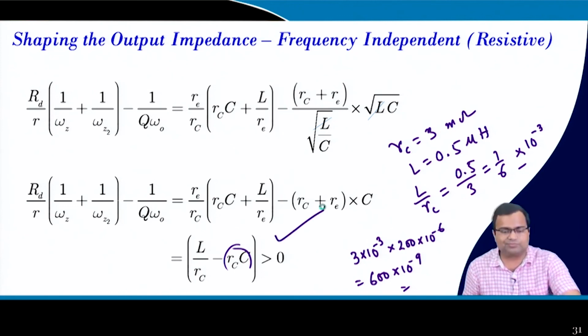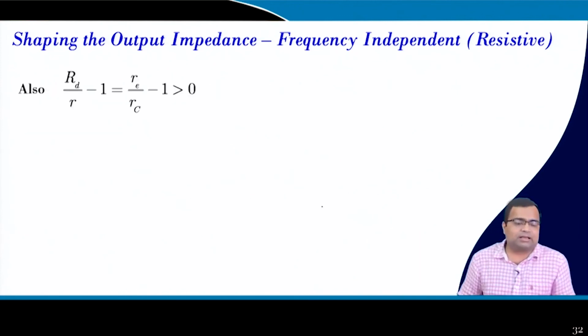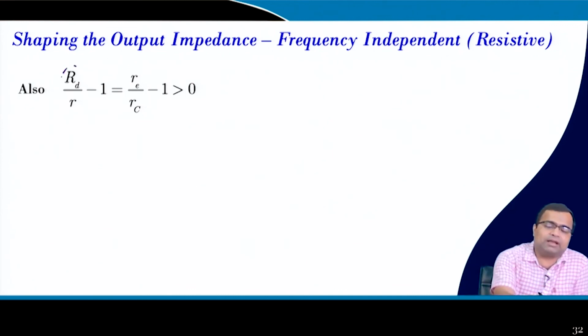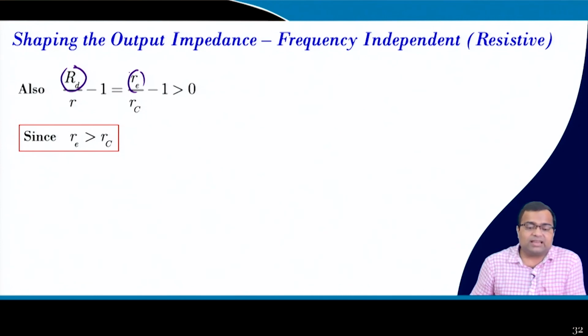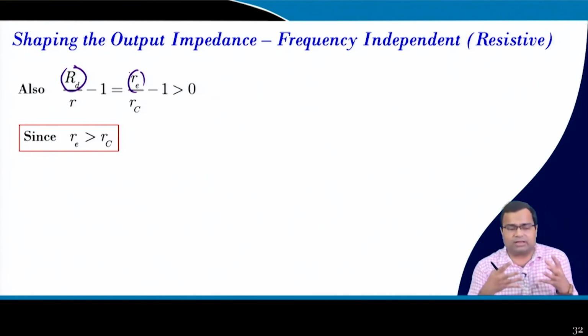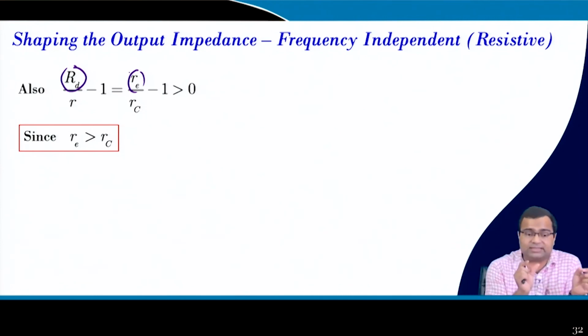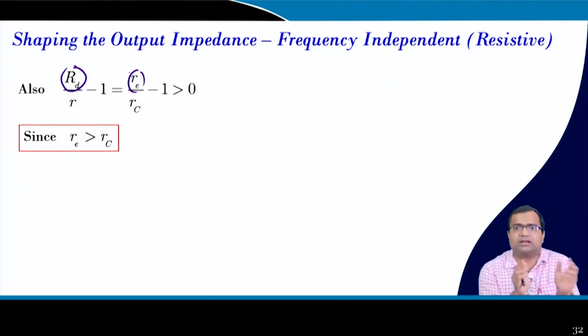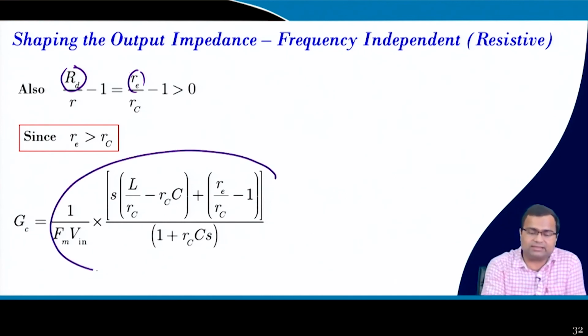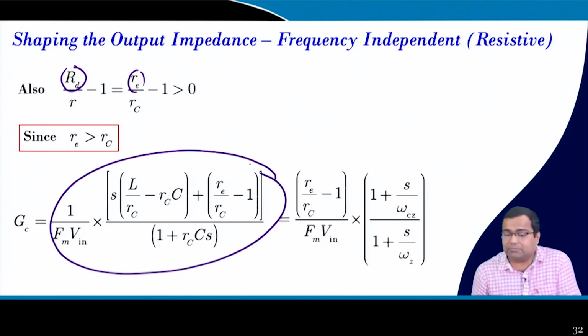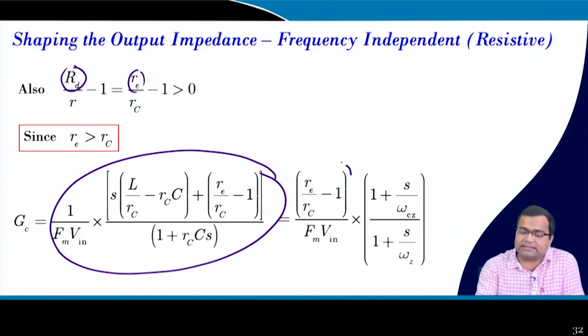So, this is correct. Now if you substitute the RD, we have taken approximately equal to RE, since RE is greater than RC, because the summation of DCR and the RDS on should be larger than ESR, because you have to take the ESR small, then the transfer function of the controller looks like this. This is a gain.